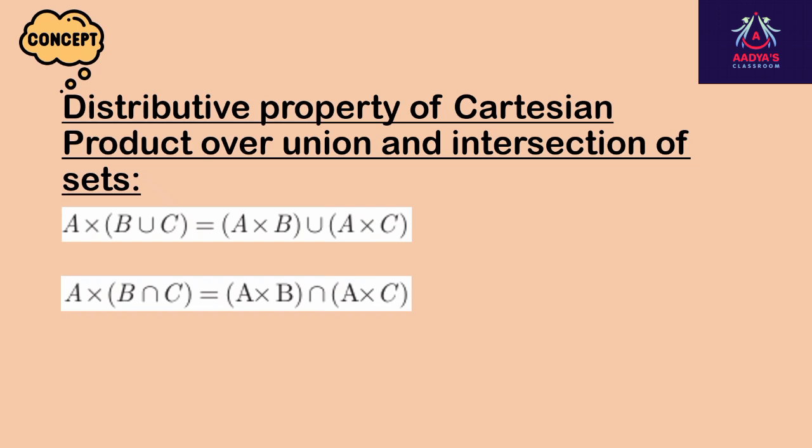So in the first one, the union is inside the brackets, so that union you have to keep in the center on the RHS. So A cross (B union C) is (A cross B) union (A cross C), and for intersection, (A cross B) intersection (A cross C).